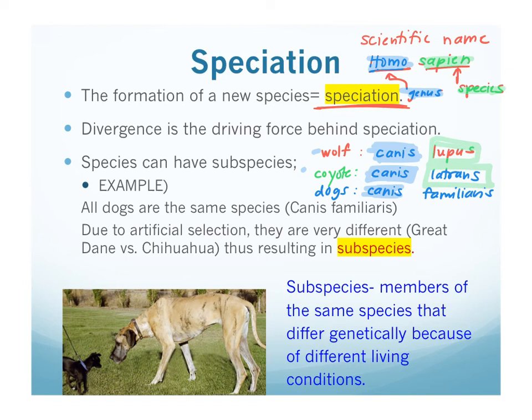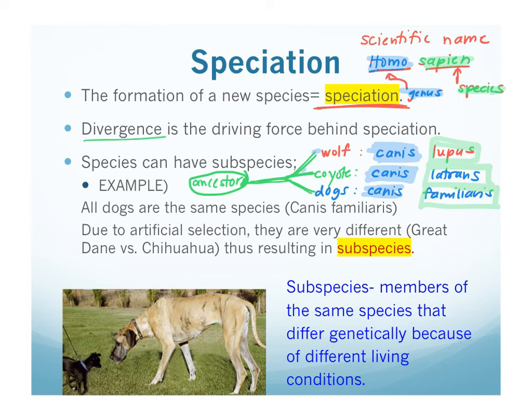But again, dogs are their own species, and you can tell that by the way they look and also their behavior, okay? So, but somewhere way back in time, the wolf, the coyote, and the dog all shared a common ancestor, and then, so whatever organism that was, and then they split into three species.